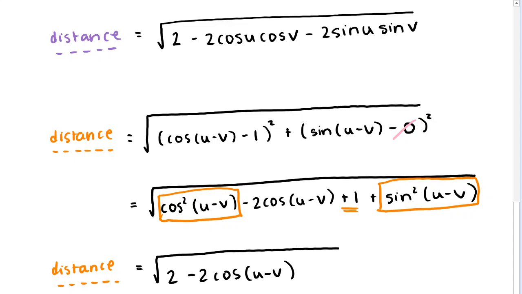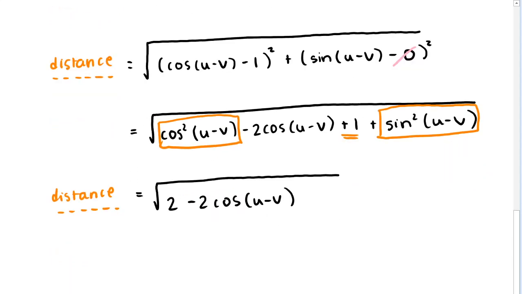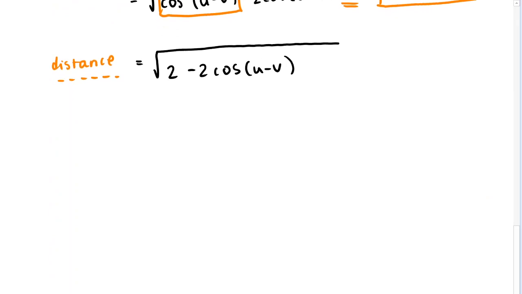And so here we've got 2 minus 2 cosine of u cosine of v minus 2 sine of u sine of v. So here I'm going to write that in purple. That's 2 minus 2 cosine of u cosine of v minus 2 sine of u sine of v.